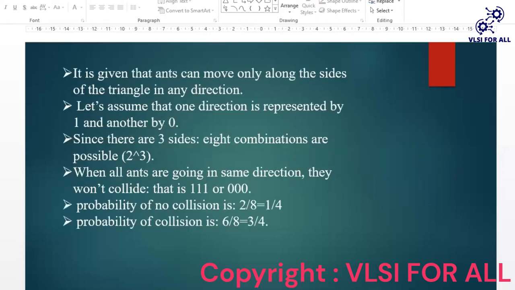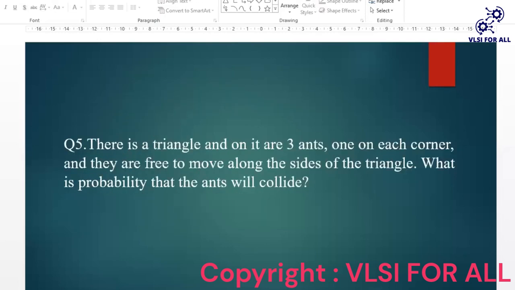Ma'am, an ant moves in one of two directions, right or left. Let's take right as 1 and left as 0. That means there are 8 combinations. If all move left, all are zeros, and if all move right, all are ones. The remaining cases are collisions. That's why 6 by 8.